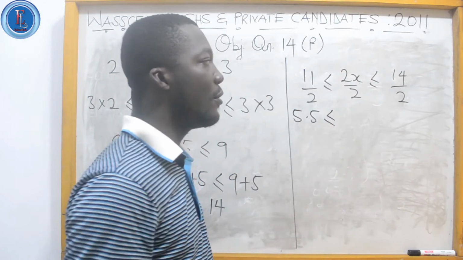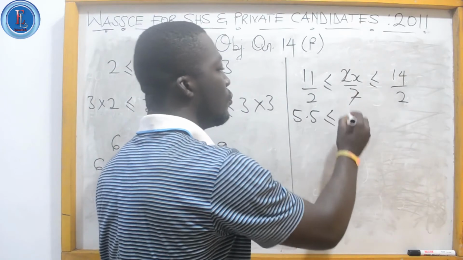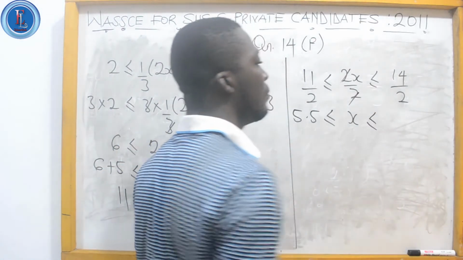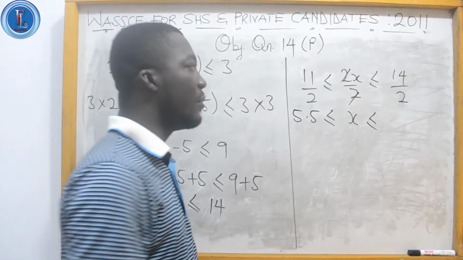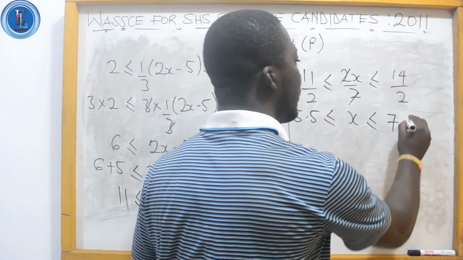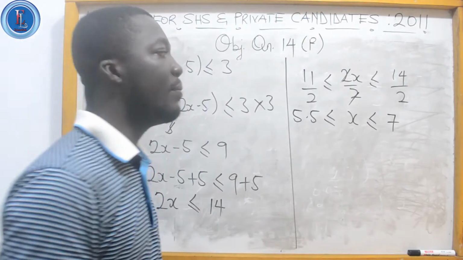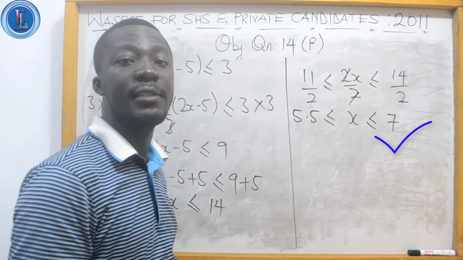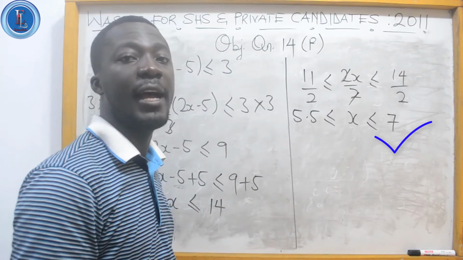Then 2 can cancel 2. Now we have our x at the middle, less or equal to 14 divided by 2 is 7. And this will be the inequality that we are looking for.